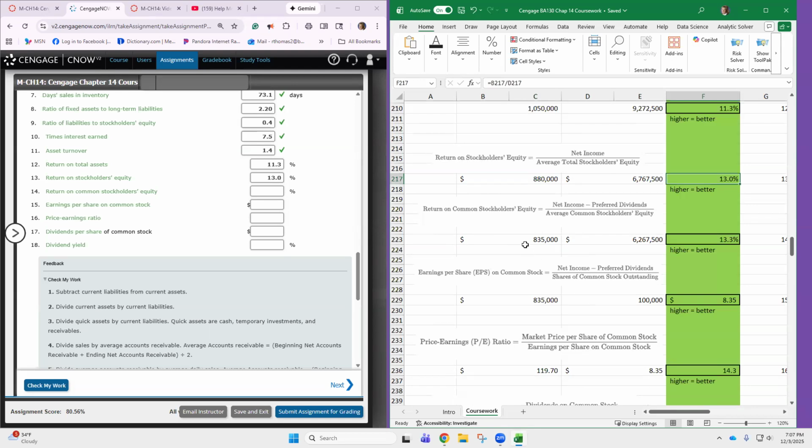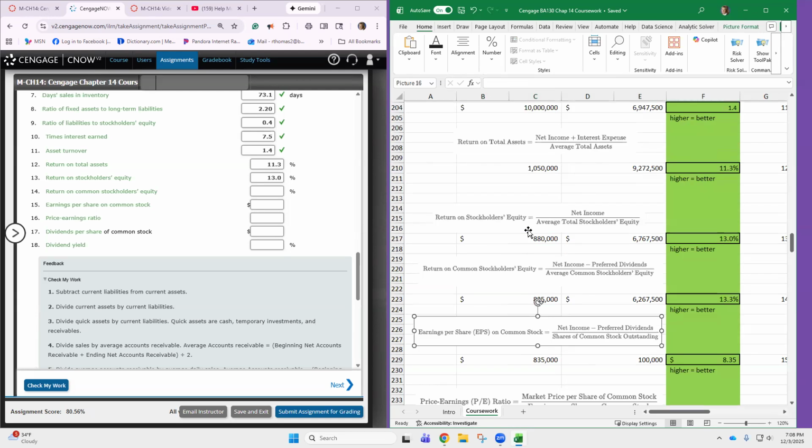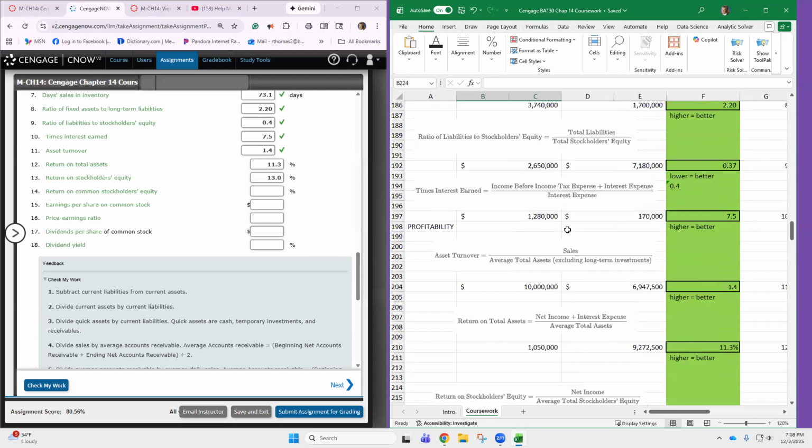Then our return on common stockholders' equity. This takes a little more calculation. So we're going to take net income and subtract the amount of preferred dividends. That's what I've done here. I've got my net income minus my preferred dividends.